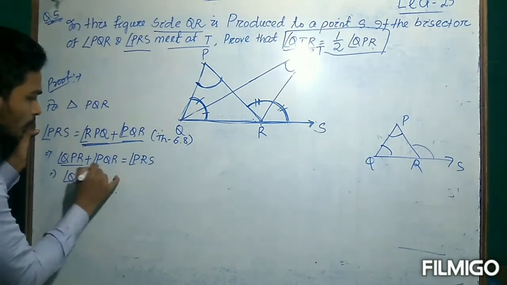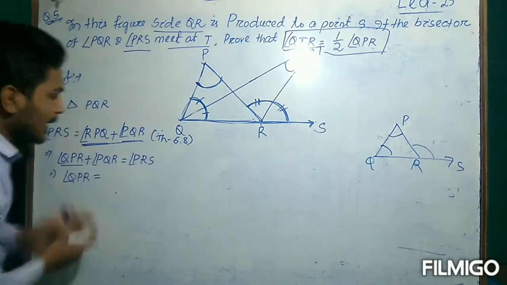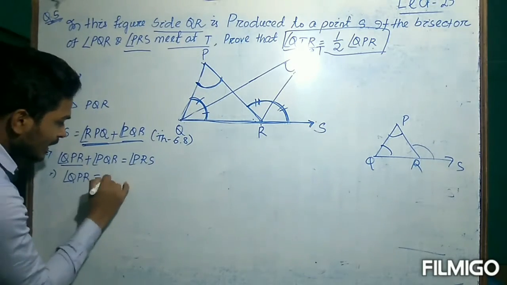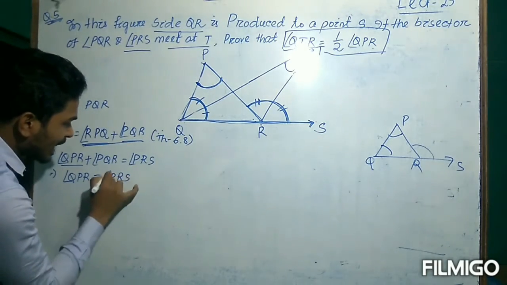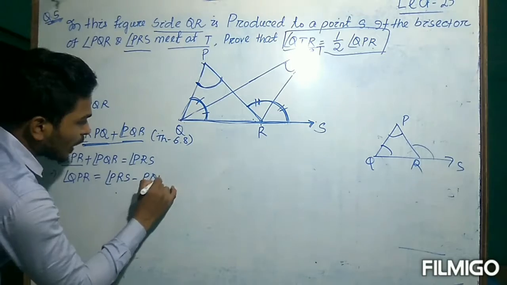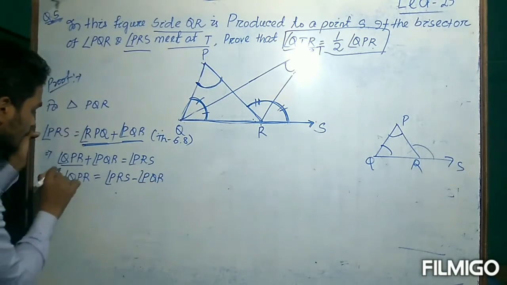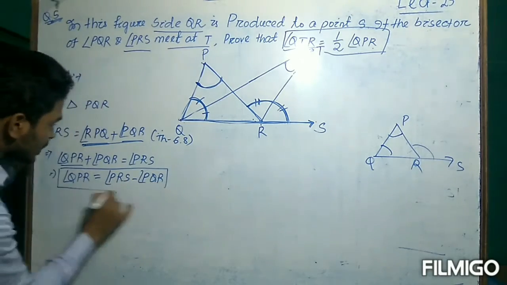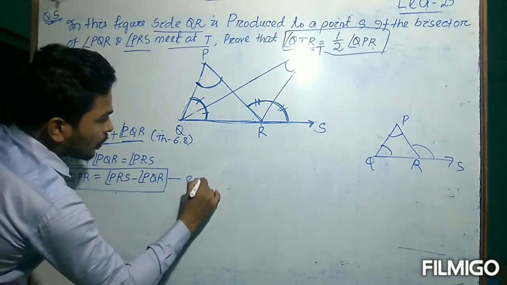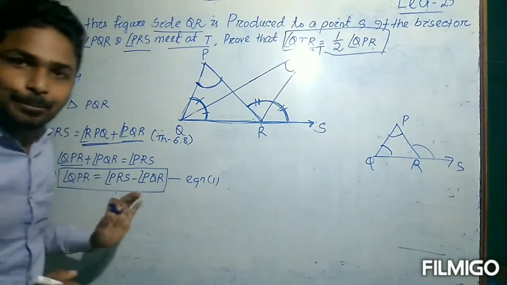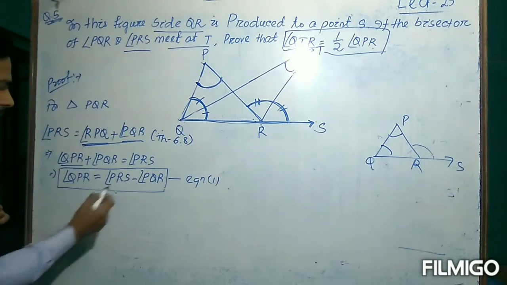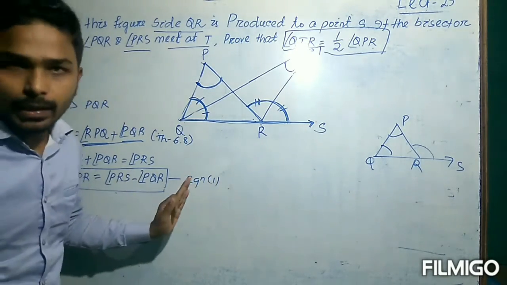Whenever PQR moves to the right hand side, it will be subtracted. So QPR is equal to PRS angle minus PQR angle. Understood? So this is our equation number 1. So we find QPR angle is equal to PRS angle minus PQR angle.